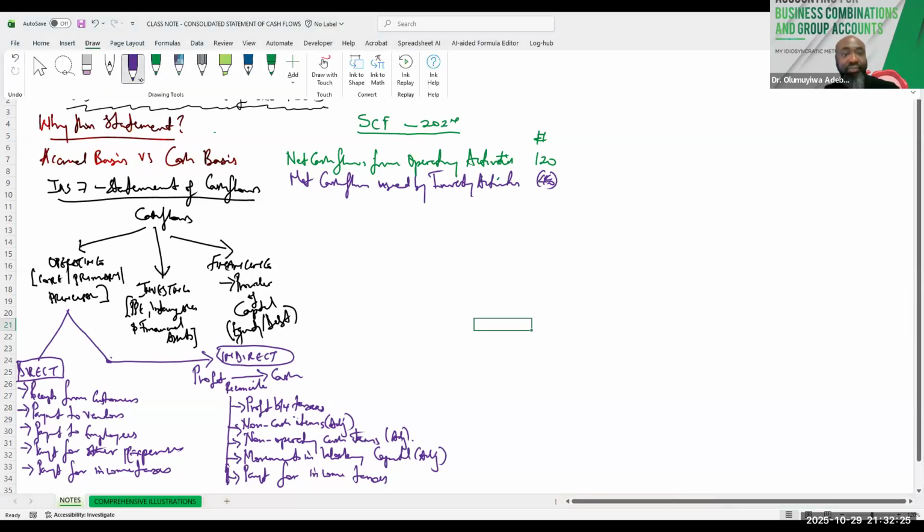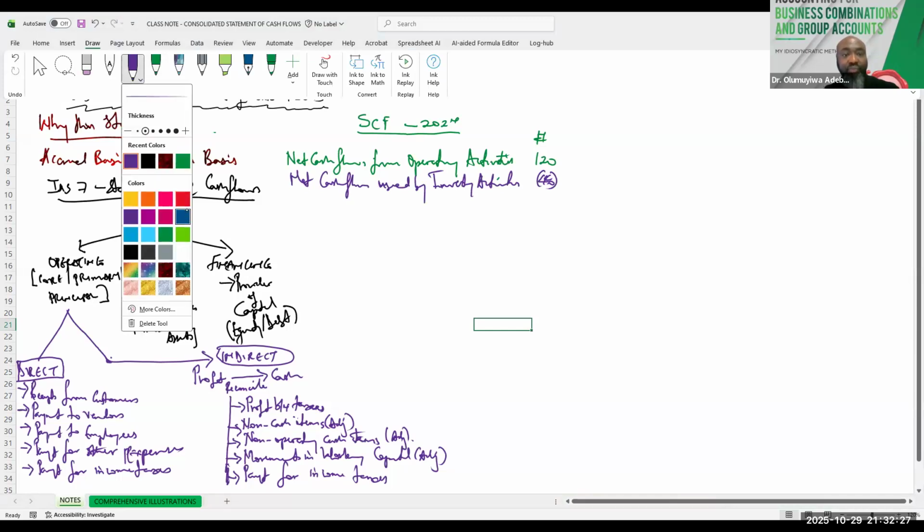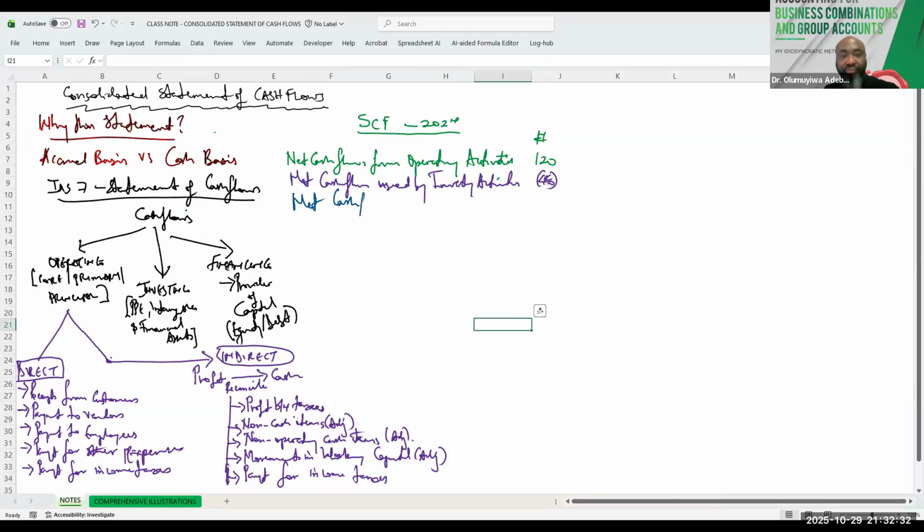And lastly, the net cash flow from financing activity.